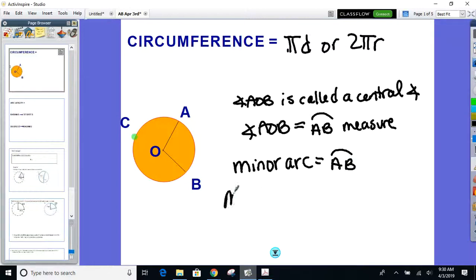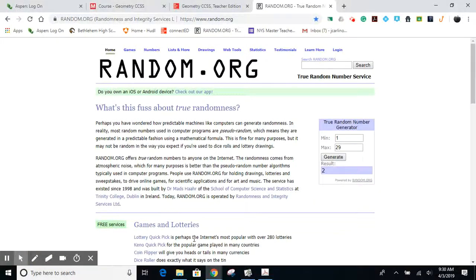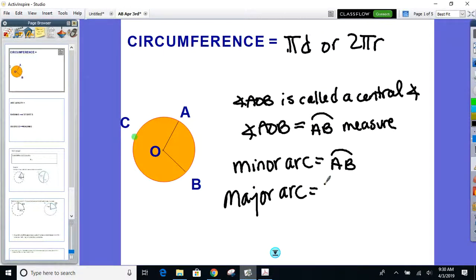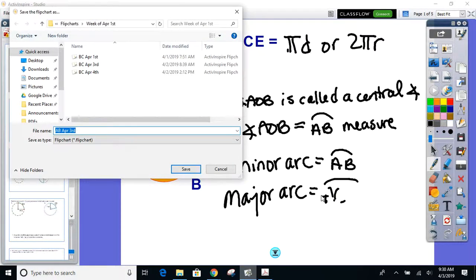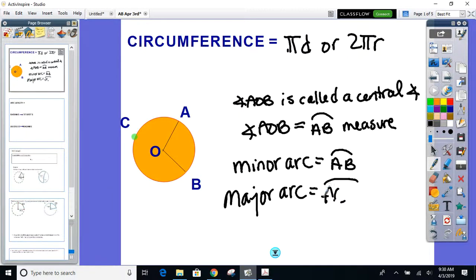And then hook me up with a major arc. ACB. Nice job. Good so far.